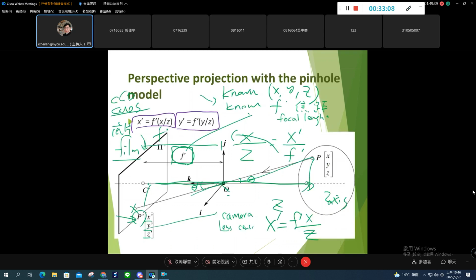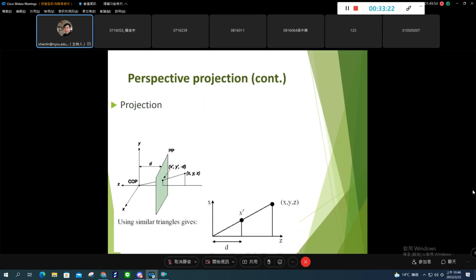so let's take a look at how perspective projection and the pinhole model can explain some 2D things we just mentioned in the painting. Before we go further, we have seen that perhaps we can move our camera or image plane here.